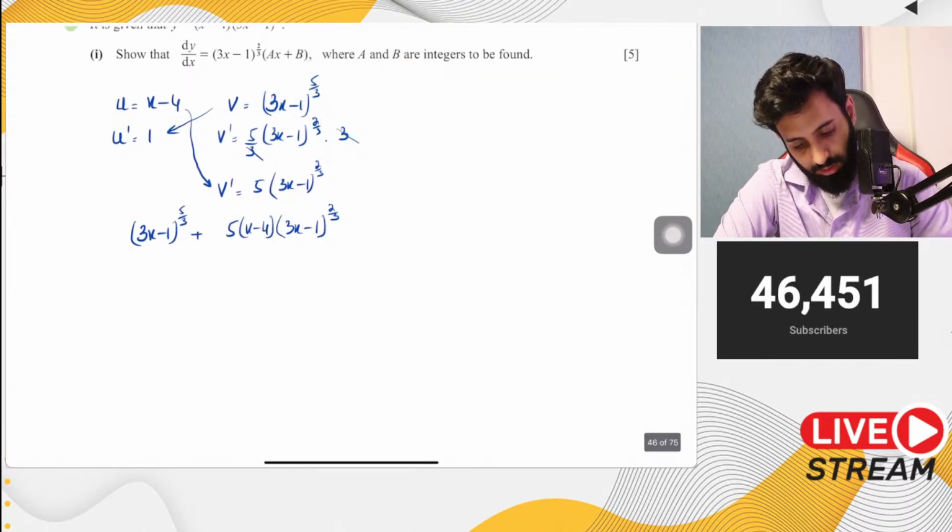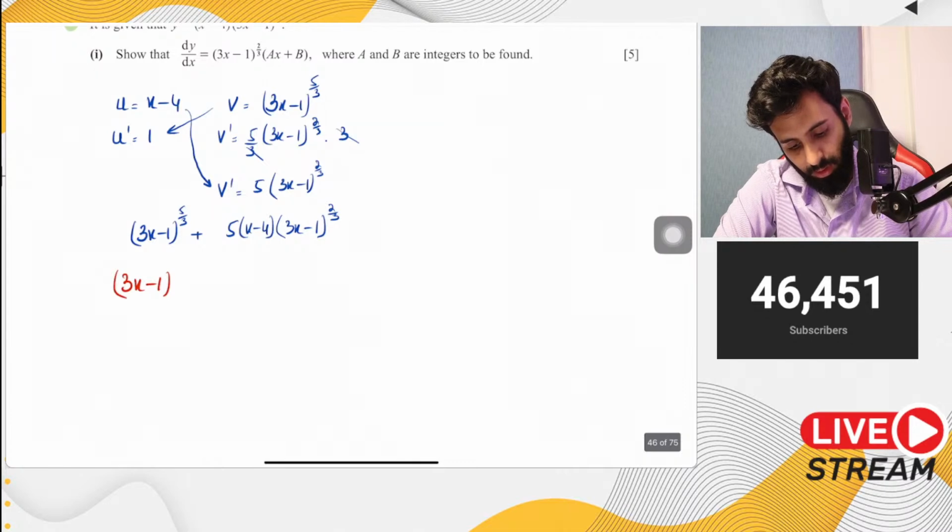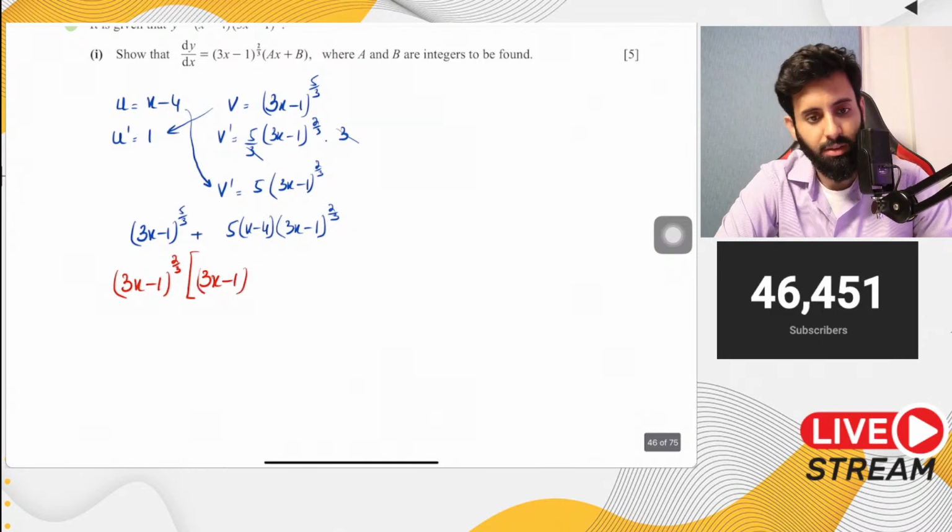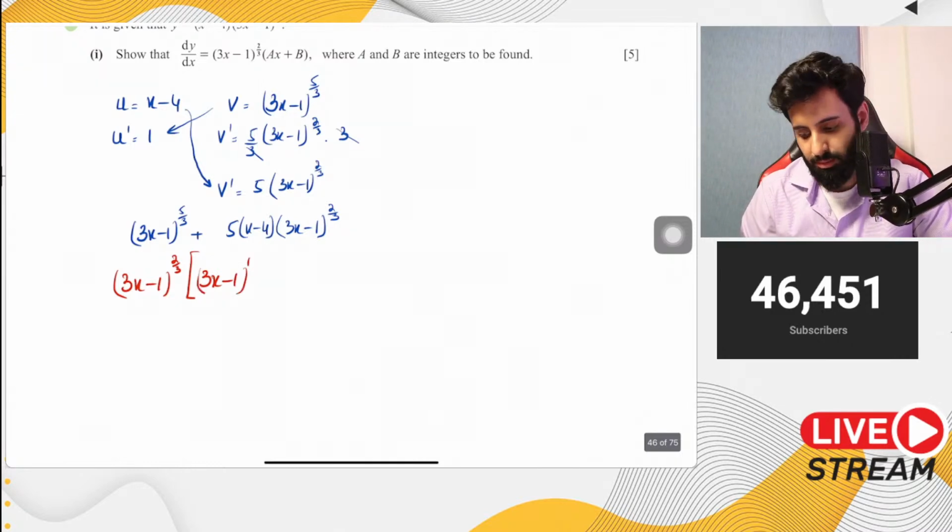We can take (3x minus 1) to the power 2 upon 3 common. In order to turn (3x minus 1) to the power 2 upon 3 into (3x minus 1) to the power 5 upon 3, we need to multiply it by (3x minus 1) to the power of 1, or maybe just (3x minus 1), that's the same thing.